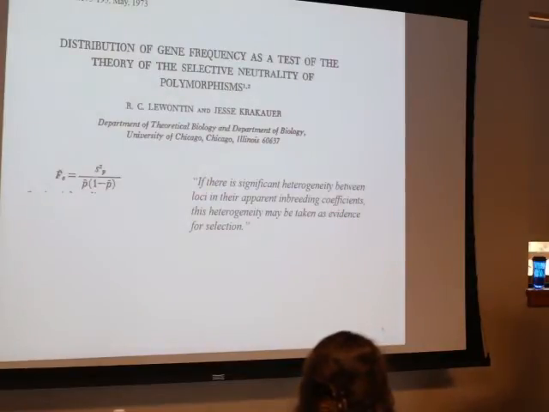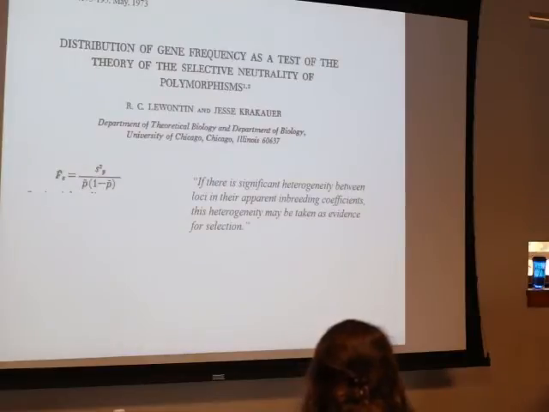He concluded that if there is significant heterogeneity between loci in their apparent inbreeding coefficients, this heterogeneity may be taken as evidence for selection. Very simple, but that's what all these genome scan approaches are based on.